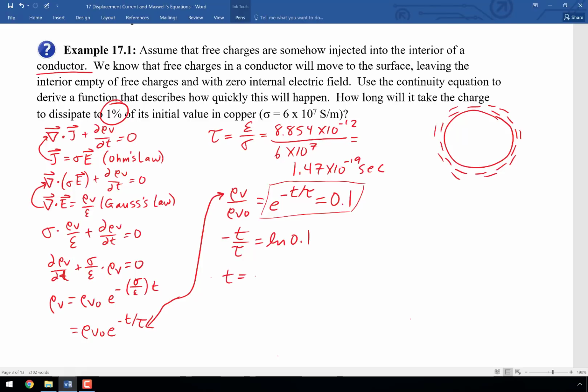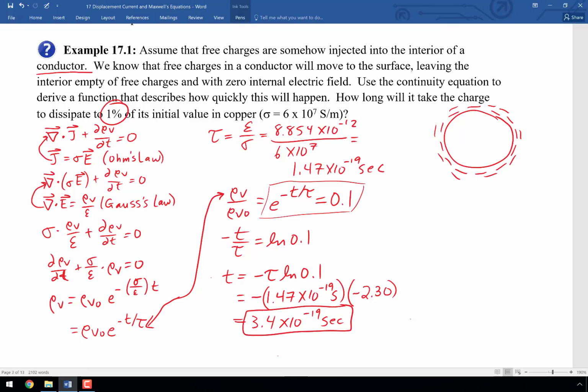And t then is negative tau natural log of 0.1, which is negative 1.47 times 10 to the negative 19th seconds multiplied by the natural log of 0.1, which is negative 2.30, and that takes us to 3.4 times 10 to the negative 19th seconds. So how long does it take for the charges to dissipate inside of a solid piece of copper? Practically no time. 3.4 times 10 to the negative 19 seconds.